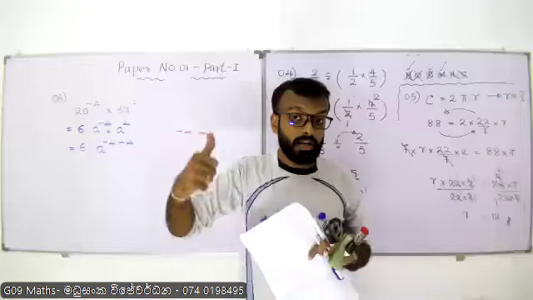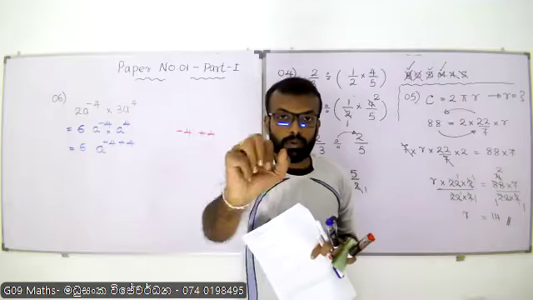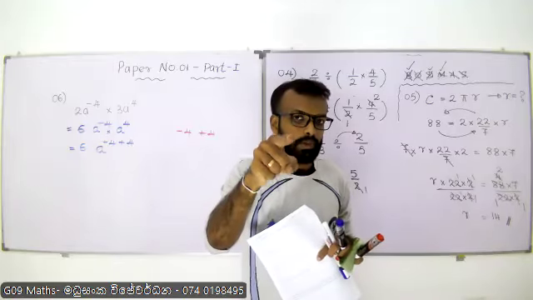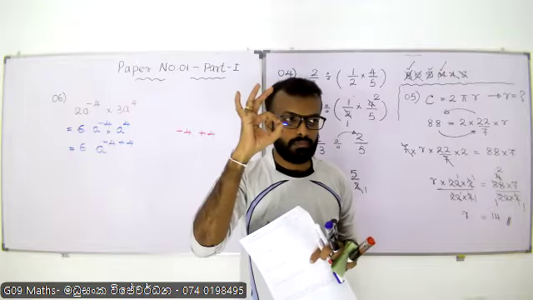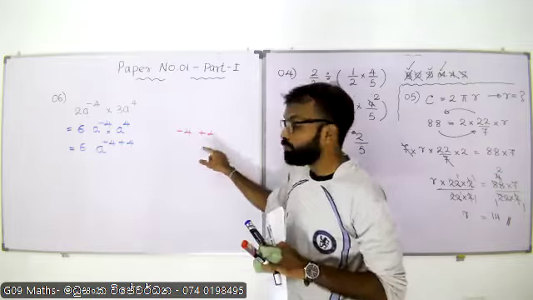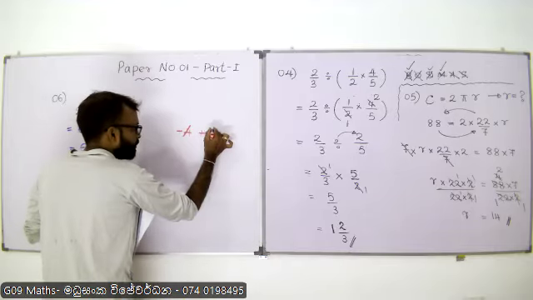That is negative 4. Giving 4 apples, taking back 4 apples. How many apples are left with you? 0, right? So the value should be 0. That means they cancel out.